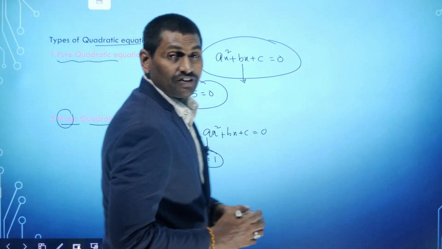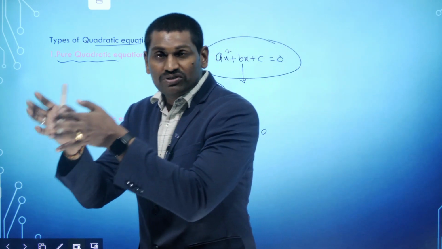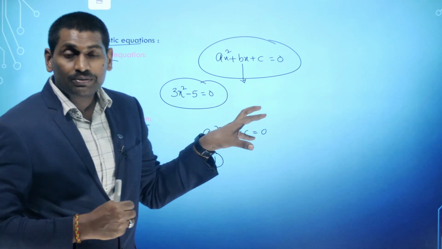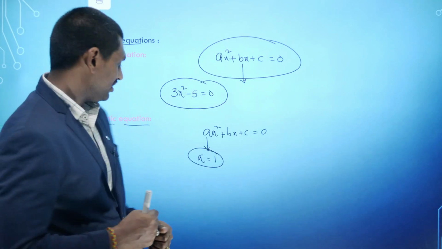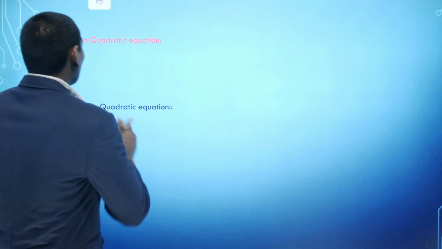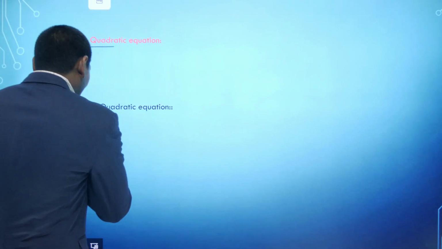Can you identify the difference between them? Pure quadratic equation means the x term becomes 0. Now here, monic quadratic equation means the x square coefficient becomes 1. Okay. Now let us see, we need to discuss the root of a quadratic equation and the nature of a quadratic equation.